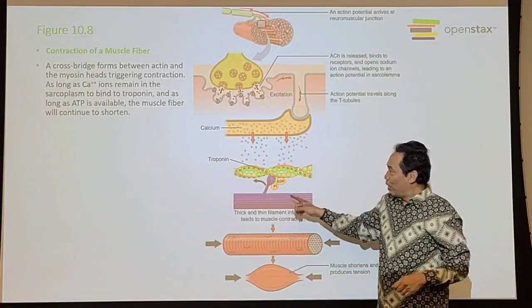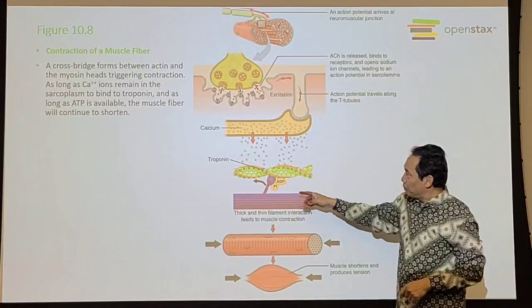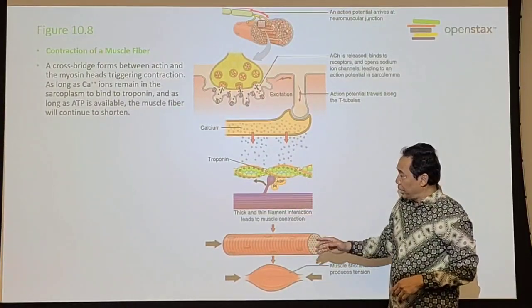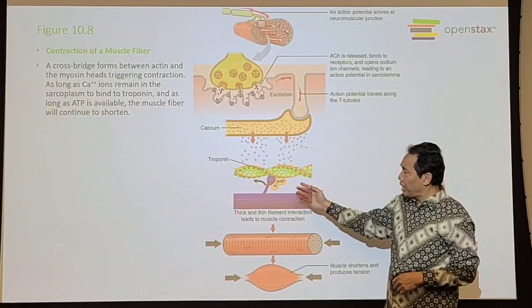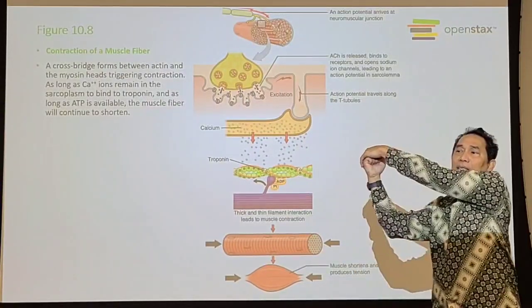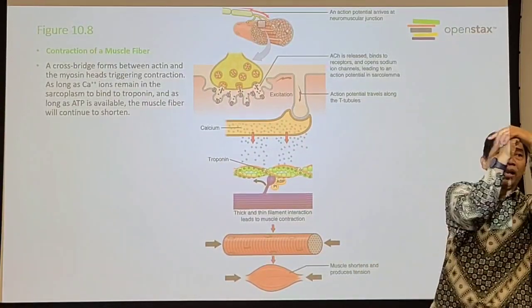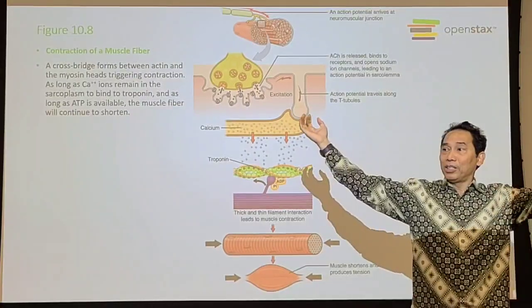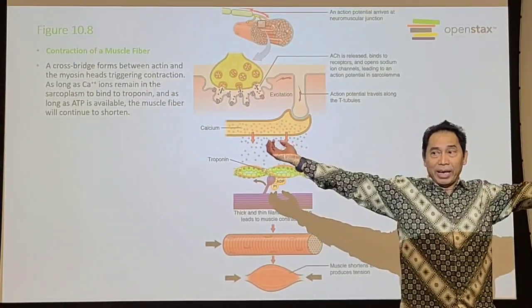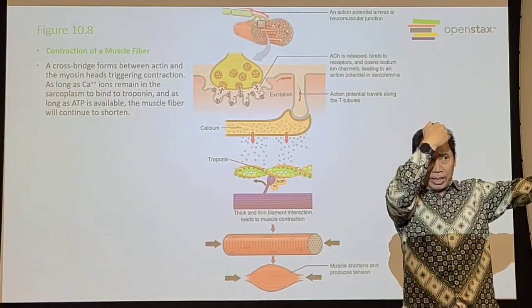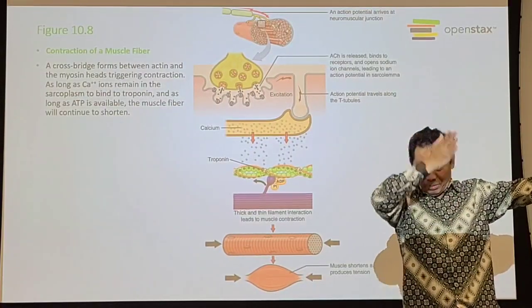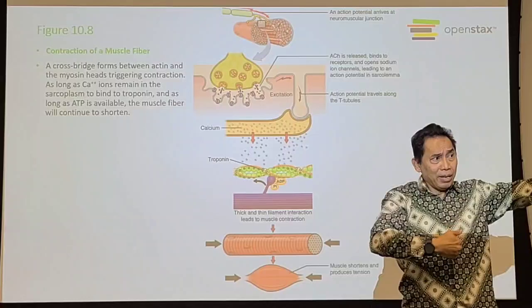Get it? Now, after that, the phosphate will be released. It becomes ADP. When the phosphate is released, the cross bridge head will pull the actin to the middle. The actin is anchored into a protein in the middle of the sarcomere, called the M-line protein.